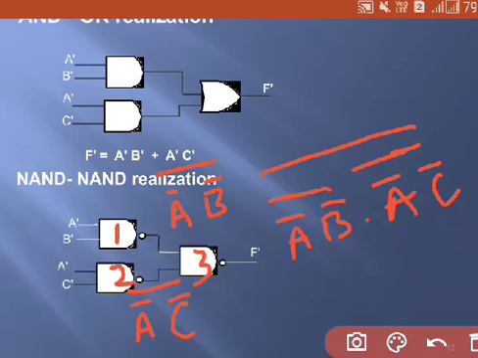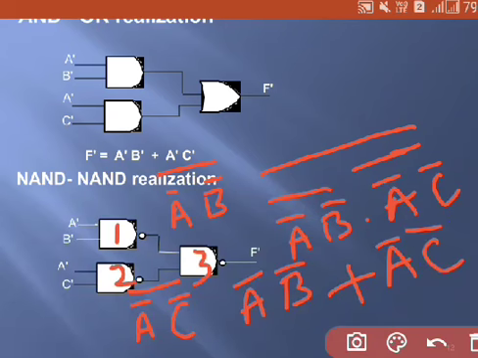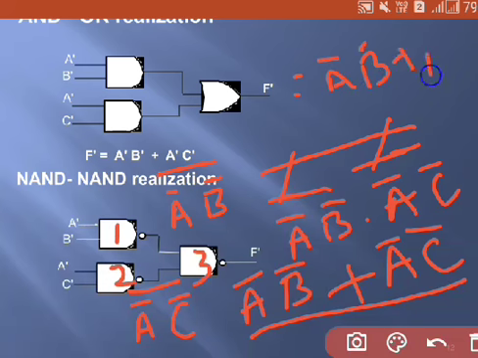So this is of the form a into b whole bar, it will be a bar plus b bar. So what is the leftover term? It will be a bar b bar plus a bar c bar again, because a bar b bar whole bar and then bar, these two bars will get cancelled and these two bars will get cancelled by using De Morgan laws, so the leftover expression will be a bar b bar plus a bar c bar, which is equivalent to this: a bar b bar plus a bar c bar.